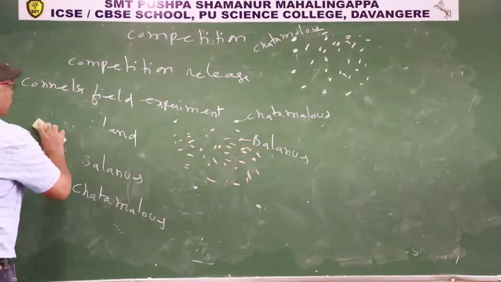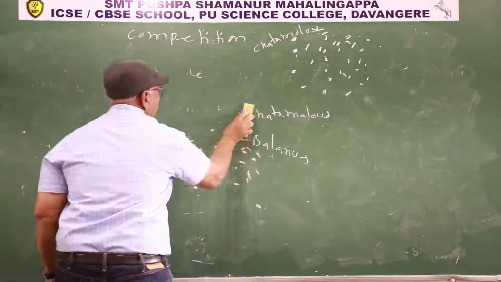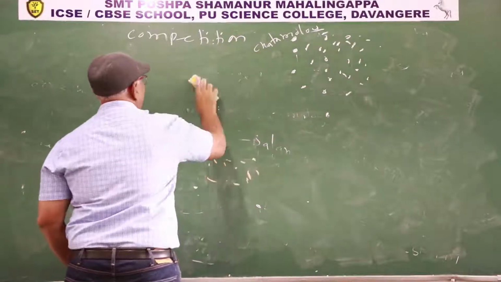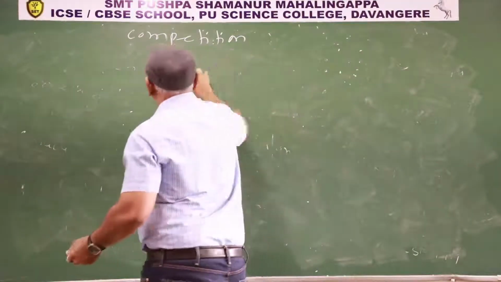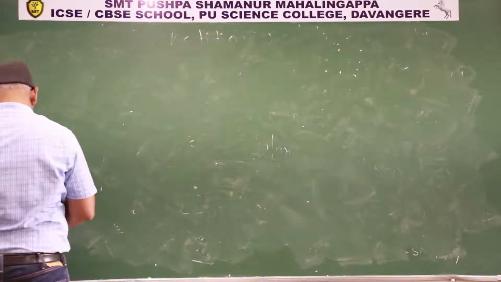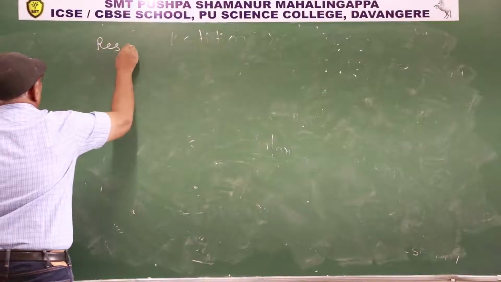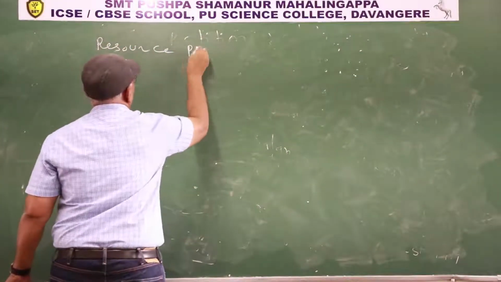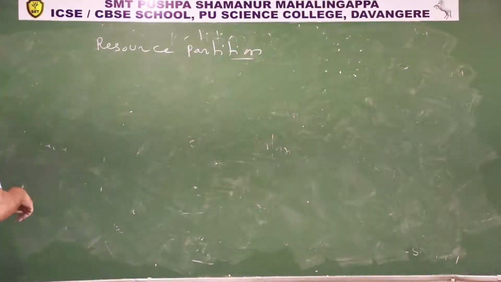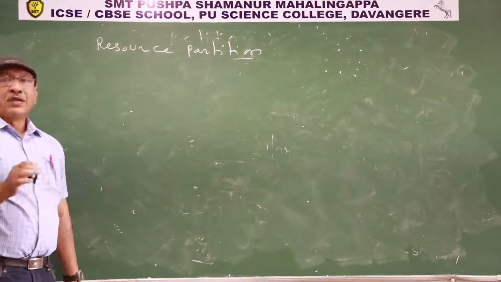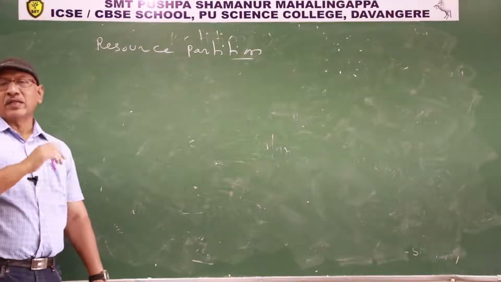Next one is resource partition. MacArthur studied resource partition. If resources are sufficient, the competitive species live together.